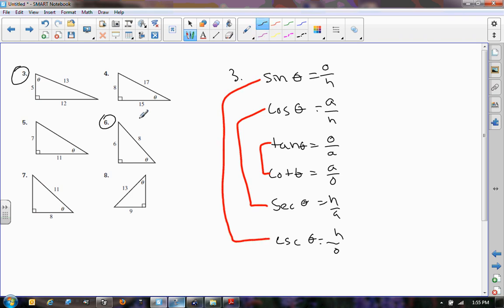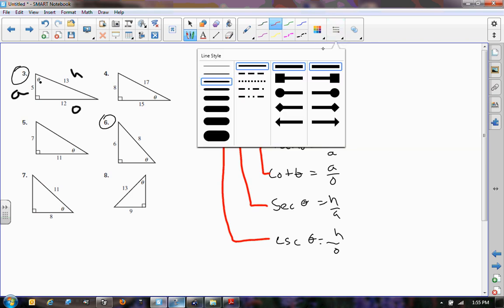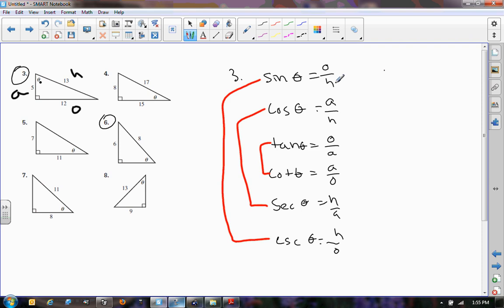Now look at the picture. Look where your eyeball is. It's up here. That's the theta. Hypotenuse, opposite, adjacent. Fill in the blanks. That's all it is from here. It's filling out blanks. All right, so OH, 12 over 13. 5, 13.